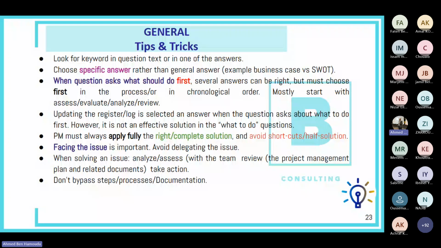And usually it's an answer that starts with assess, analyze, evaluate, review. These are the kind of answers you need to pick when the question asks what the project manager should do first. Remember this, you will need it later.